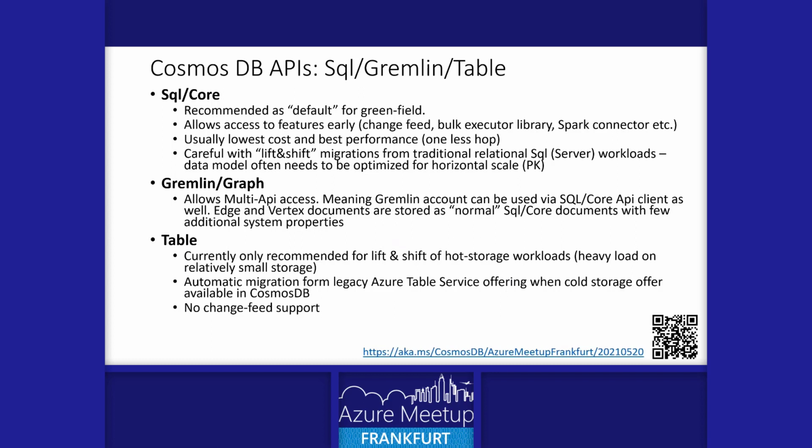Going through the decision map, basically when to use which API. For each scenario that's a case-by-case decision, but I want to provide some usual trade-offs or guidance. In general, my recommendation would be to use the SQL or Core API in most new, greenfield applications, simply because it allows access to all new features earlier.